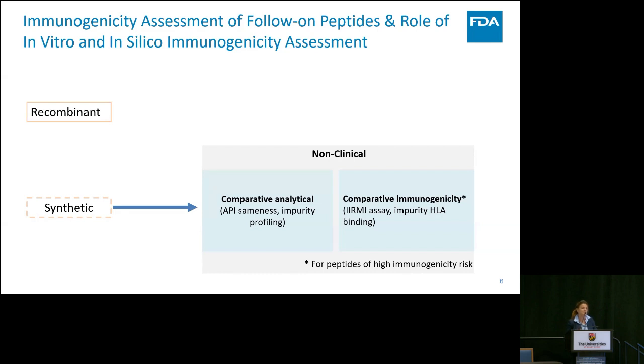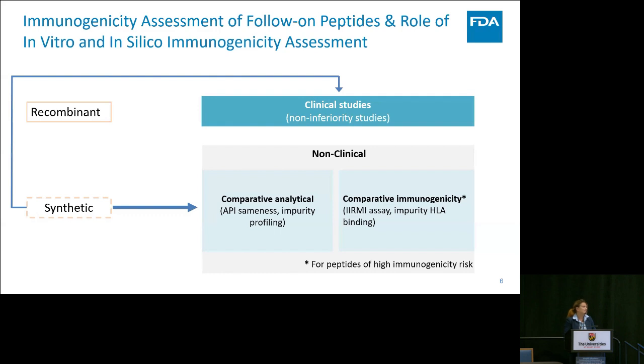And for peptides that are considered of higher immunogenicity risk, as was extensively discussed yesterday, extensive comparative immunogenicity assessments leveraging assays such as innate immune assays and adaptive immune assays can suffice. In some more rare cases, clinical studies will be considered necessary for a synthetic follow-on peptide.